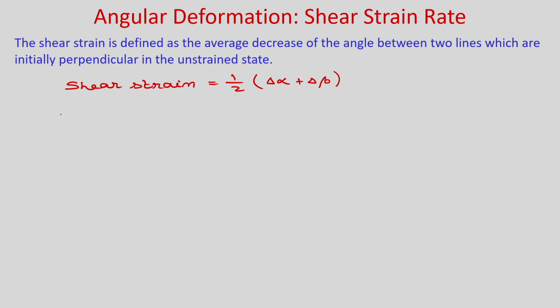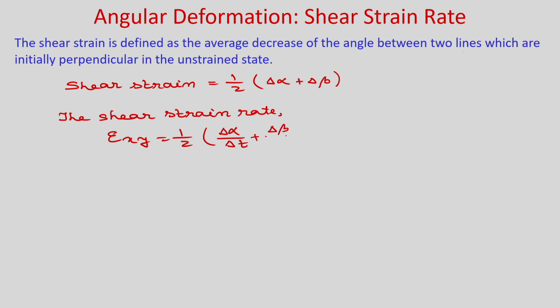Now we can write the shear strain rate, that is shear strain per unit time, as epsilon x y is equal to half delta alpha by delta t plus delta beta by delta t, and this we have represented already in terms of the velocity gradient. So, we can write half into del v by del x plus del u by del y.